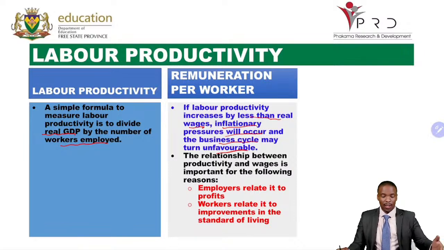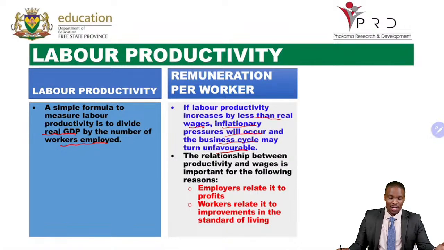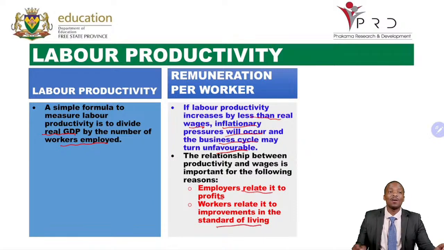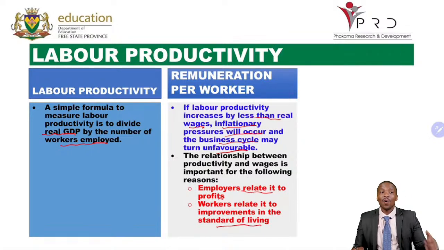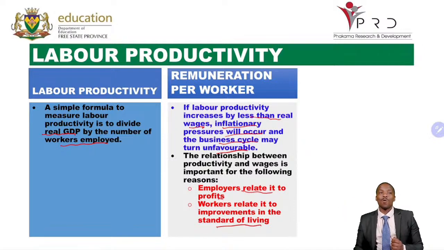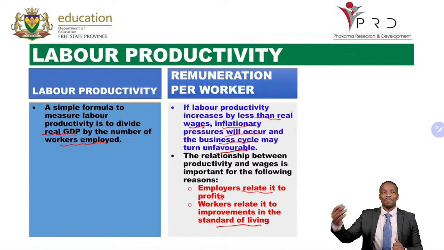The relationship between productivity and wages is very important because employers aim to make what? Profit, while workers aim to improve their standard of living. So employers would want more output with less wages paid. Why? Because of profit.